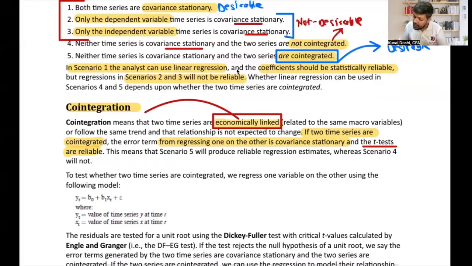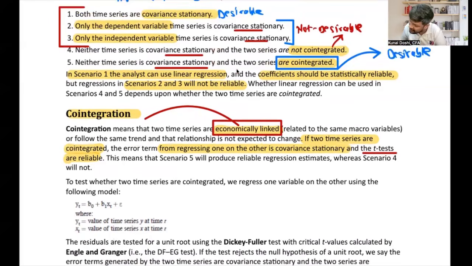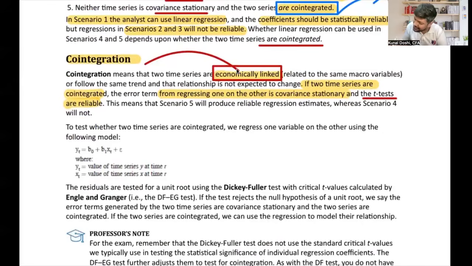So therefore, even though both of them individually are not covariance stationary, if they are economically related, then you can use the model. Clear? Right? So they are saying whether the linear regression can be used in scenario 4 or 5 depends on whether they are co-integrated. This means that scenario 5 will produce reliable estimates, but not 4 because it's not co-integrated.